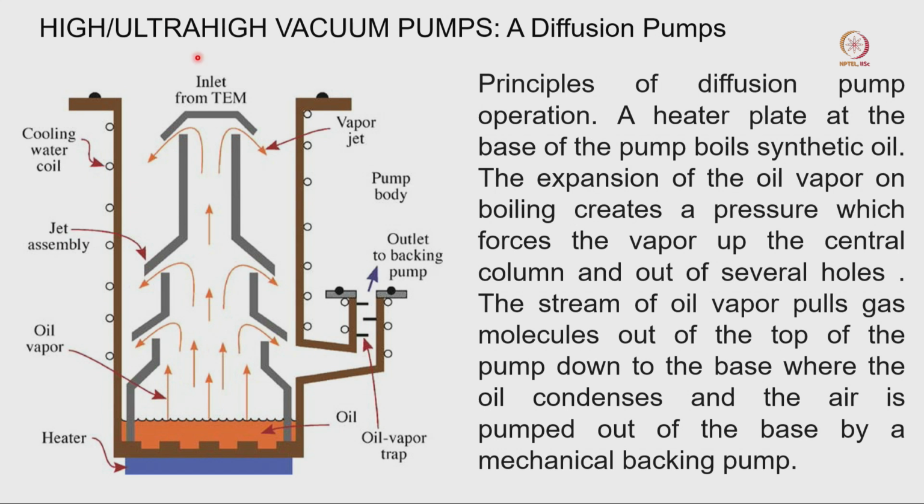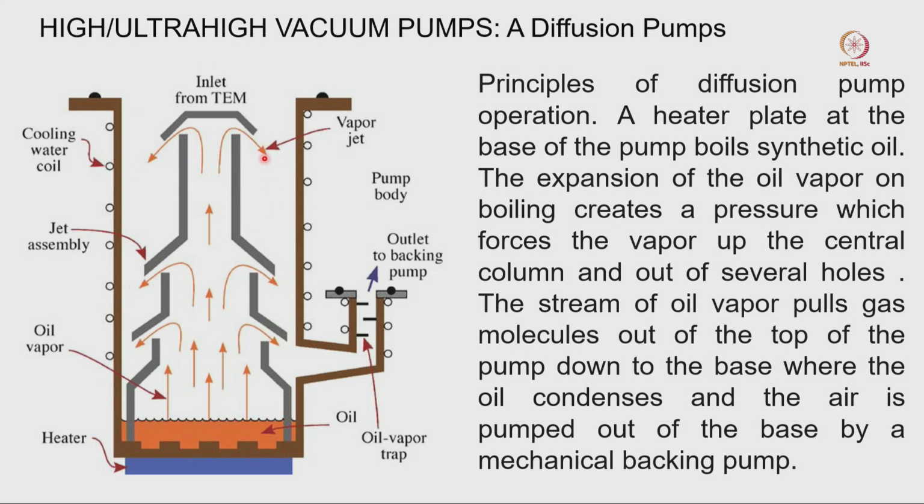When it is connected with the microscope, there will be some vapor or air molecules stored inside the TEM, which will come down here and may interact with this oil vapor. When it interacts with the oil vapor, it will be a mixture of oil and vapor, and when it comes closer to this one, you can see they are going to condense and some of the oil will deposit here.